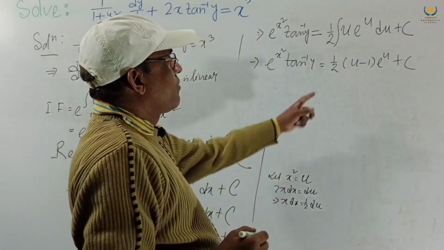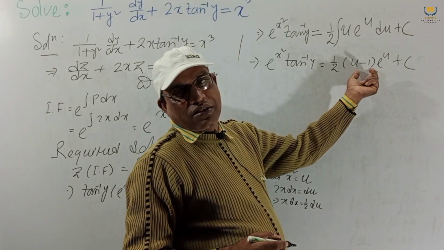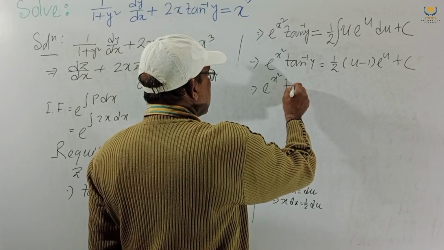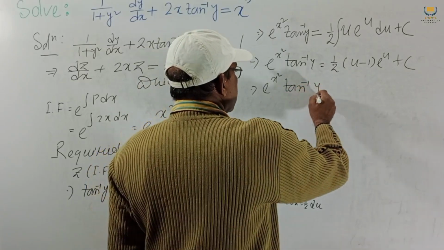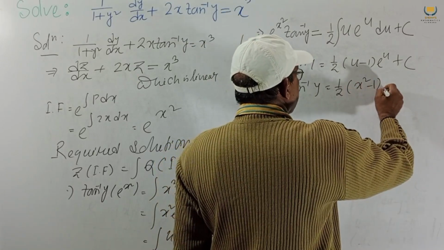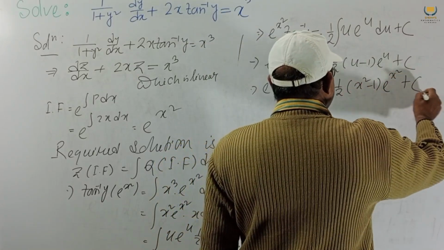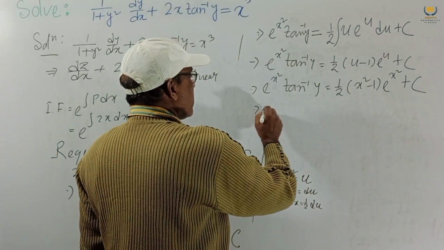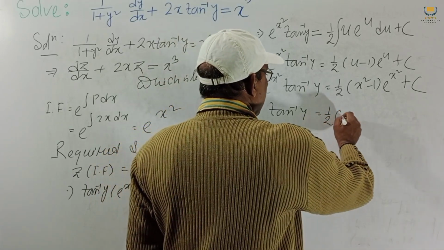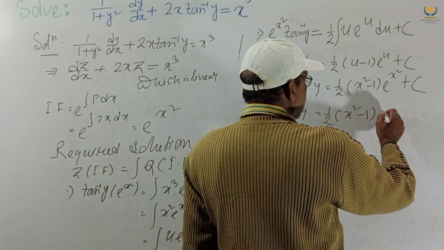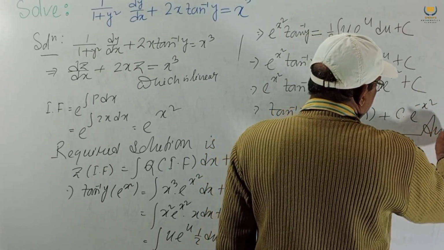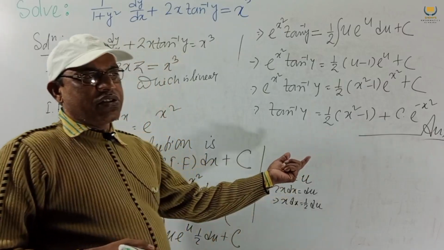If we take by parts formula, ultimately after calculation we get this one, e to the power x square tan inverse y equal to 1 by 2 (x square minus 1) e to the power x square plus c. Dividing both sides by e to the power x square, then we get tan inverse y equal to 1 by 2 (x square minus 1) plus c e to the power minus x square, and this is our final answer. Very easy solution, very interesting.